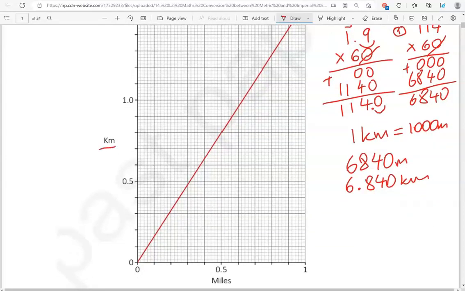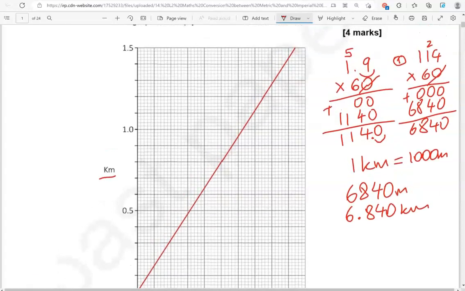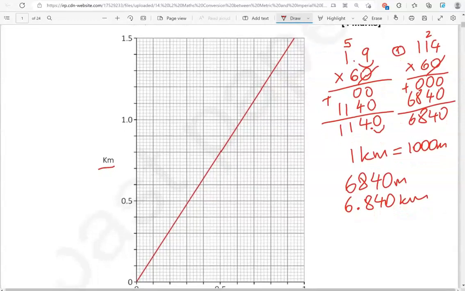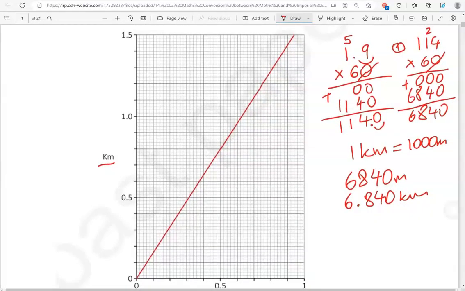So there we have kilometers, 6.84 kilometers. What is that equal to in miles? So the graph goes up to 1.5 kilometers.